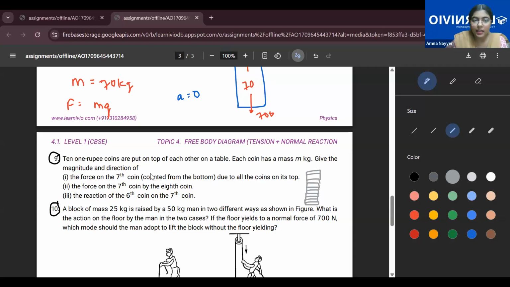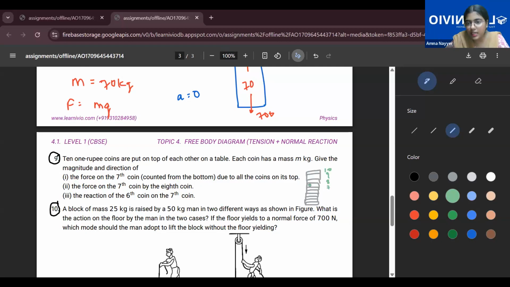Now it says each one will have the mass m. It is given in the question. Now the force on the seventh coin. Seventh coin means the third one. Why? Because it says counted from the bottom. If you count the seventh one from here, this will be the 10th, 9th, 8th, 7th.